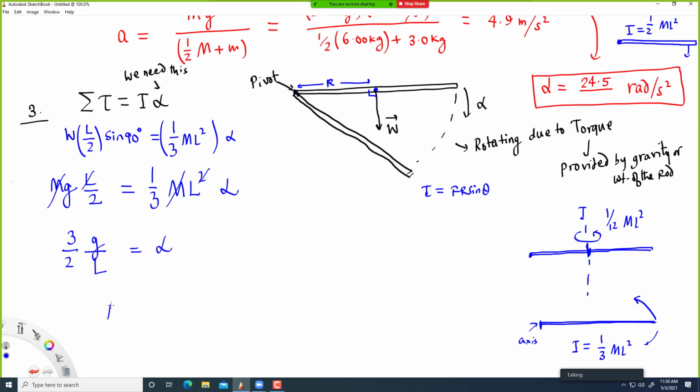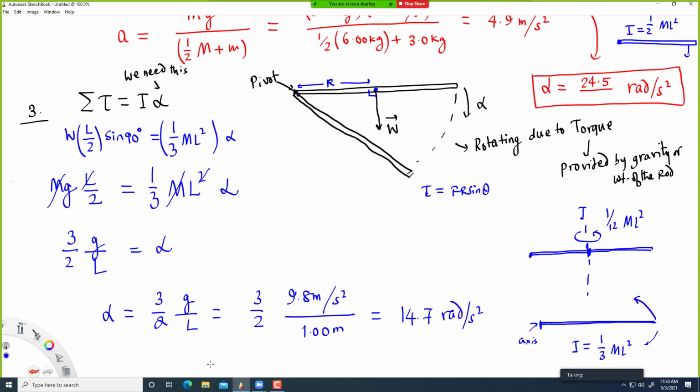So alpha is 3/2 g over L. 3/2 g is 14.7 meters per second squared. Length of the rod is 1 meter. So if you do that calculation, you get 14.7 radians per second squared.